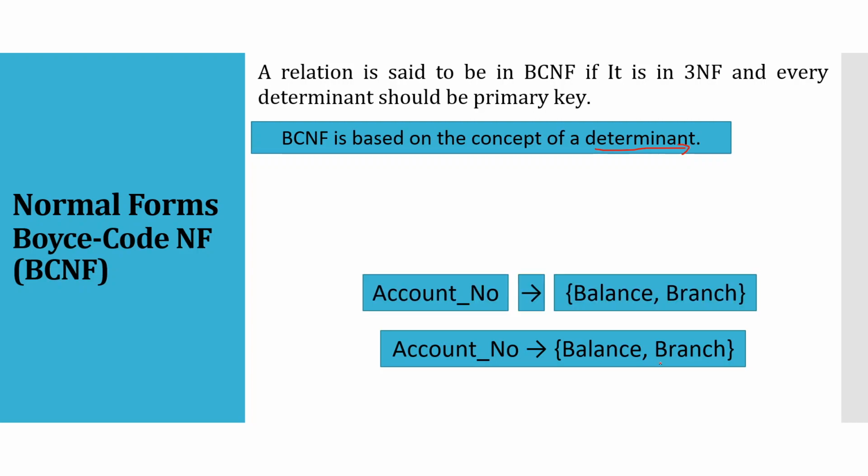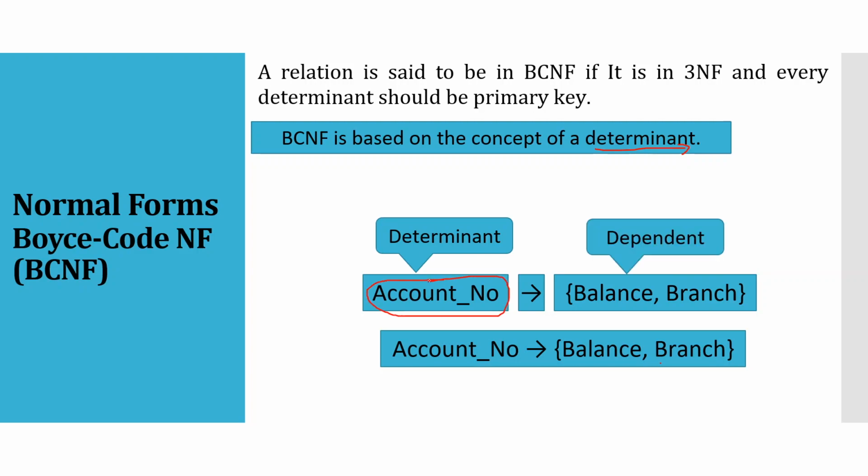So in this particular functional dependency, we can say the determinant is account number, and balance and branch are the dependents. Determinant is account number because it is determining the balance and branch, or in other words, balance and branch are dependent on this particular account number.